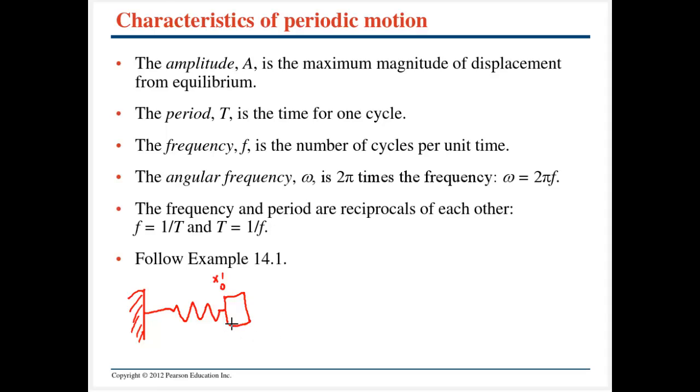And if I take this spring and now stretch it out, such that I pull the mass and it has covered some distance, normally I would call that distance x. Here in this case, I'm going to call it A, the amplitude, which is the maximum magnitude of displacement from the equilibrium position.